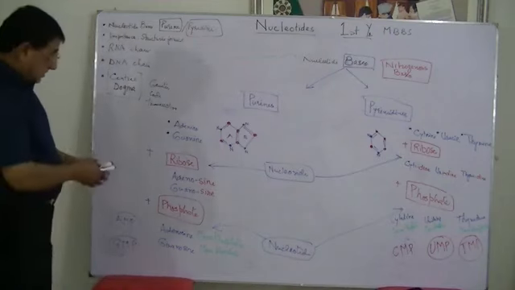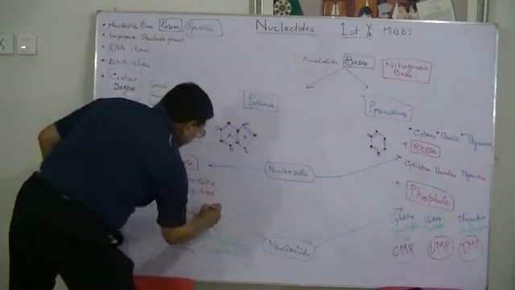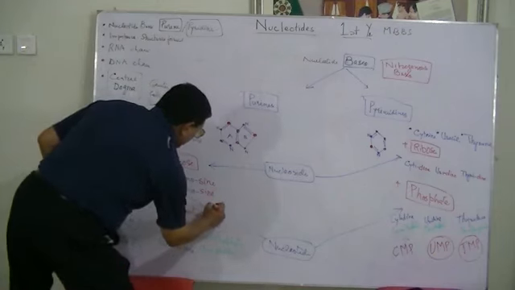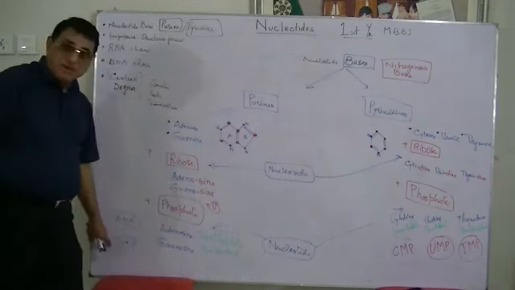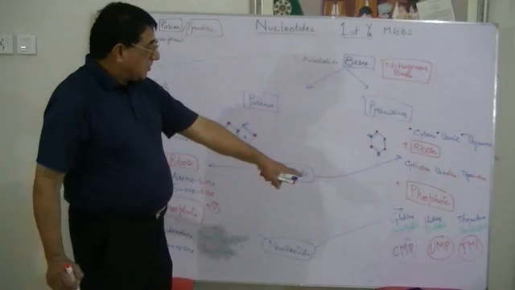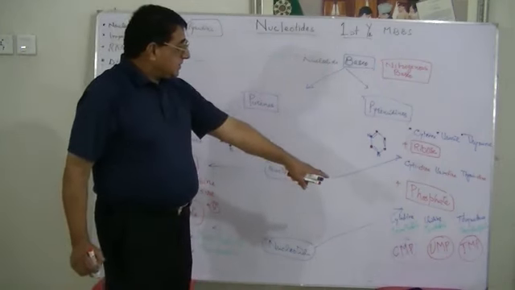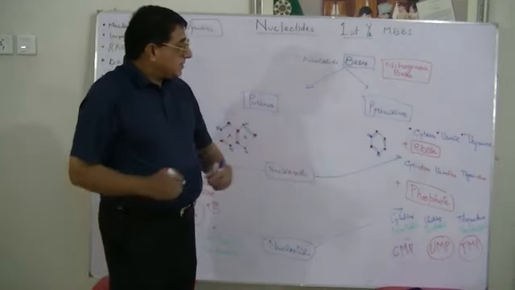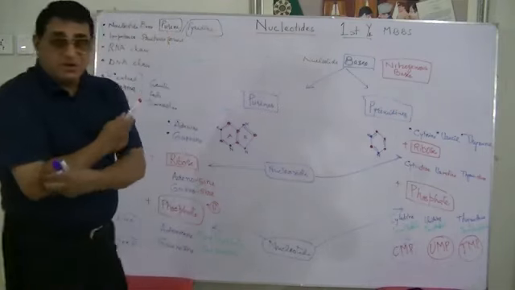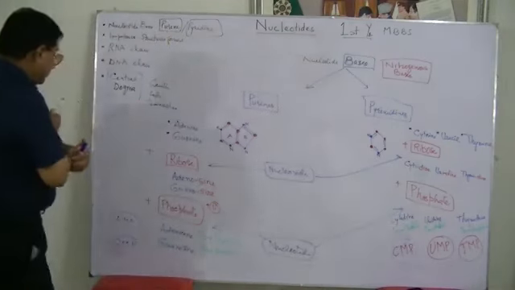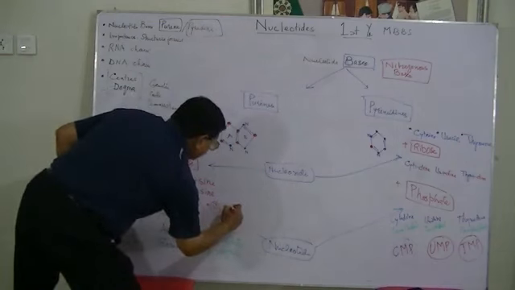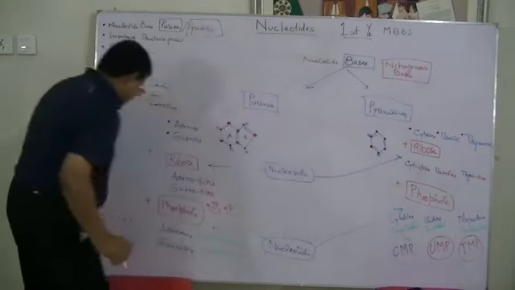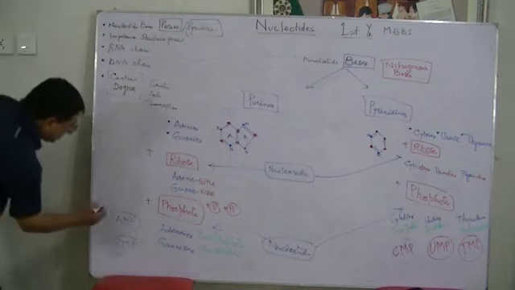If there is plus phosphate, then it will be ADP, GDP. And similarly it will be CDP, UDP, thymidine monophosphate remains as such. And again, if there is another phosphate attached, then you will form ATP, GTP.